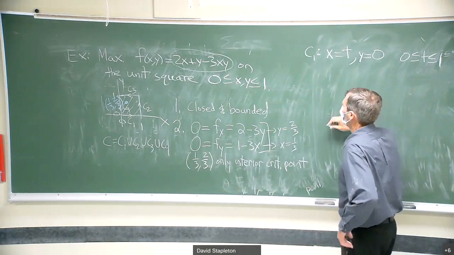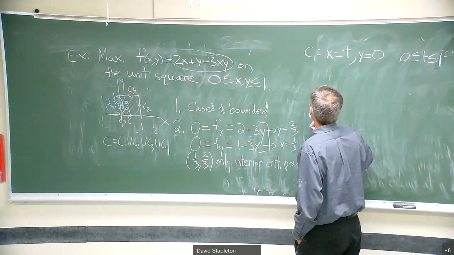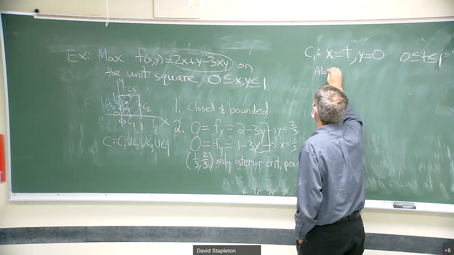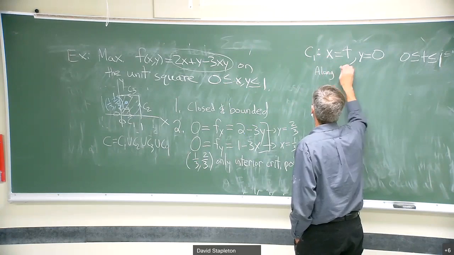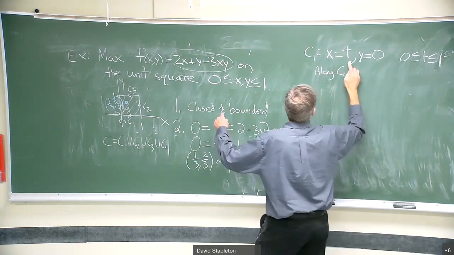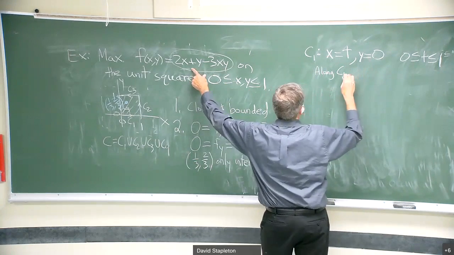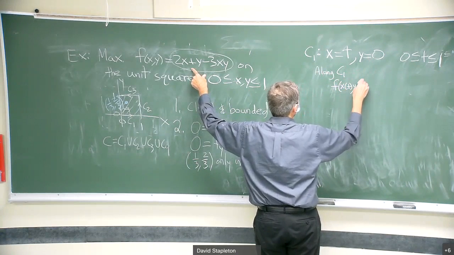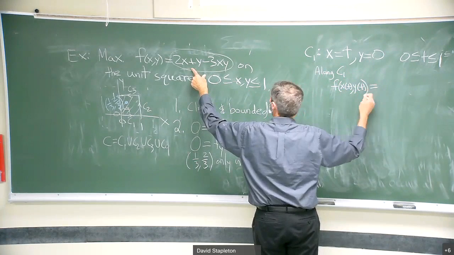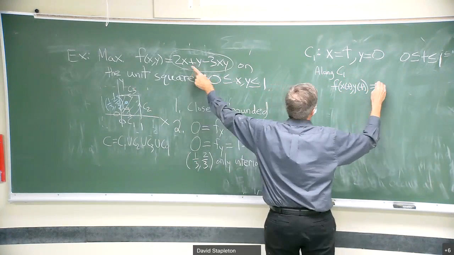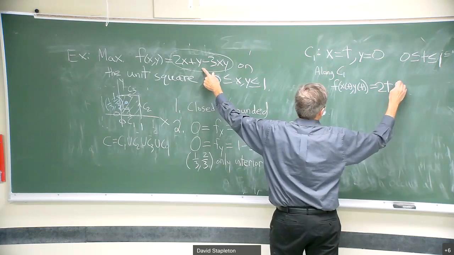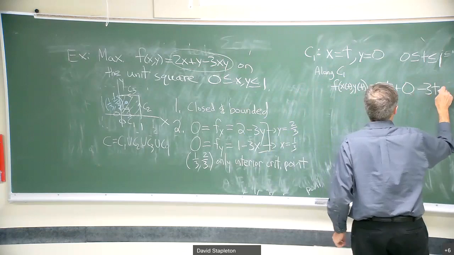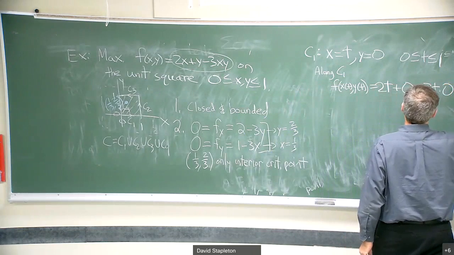And along this one, what do we do to find out what points we need to check? Along C1, we can plug in t for x and 0 for y. We get f of x of t, y of t, a function of one variable now along the boundary, is 2t plus 0 minus 3t times 0, which is just 2t.